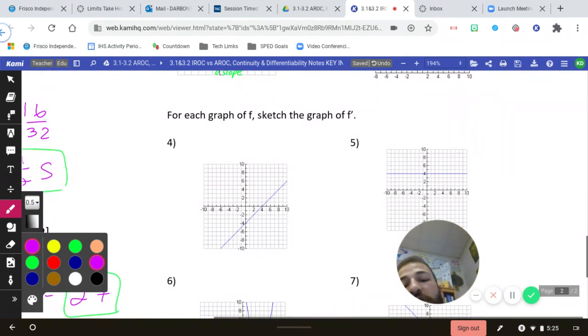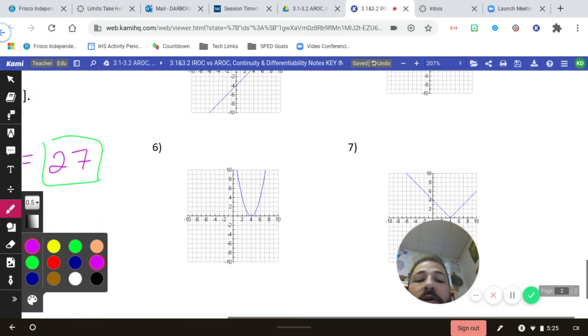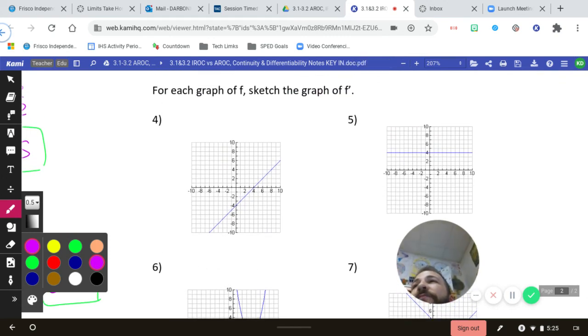So for 4, 5, 6, and 7, we are going to graph the function f prime from the function of f. So 4, 5, 6, and 7 are all f. We're going to try and graph f prime. Remember, f prime represents the slope at any point along f.